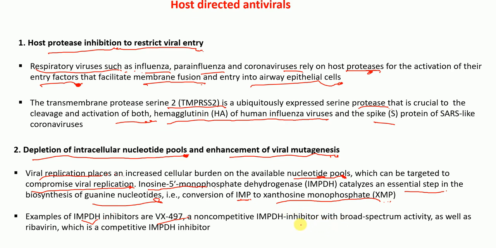So we can actually target the nucleotide pools in the host cell by targeting this important host molecule IMPDH. This is one example of targeting the nucleotide pools in the host.